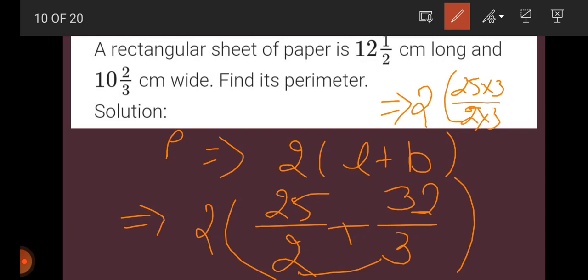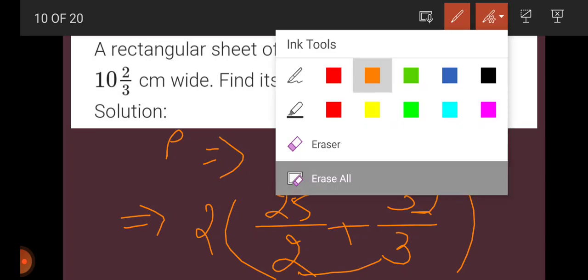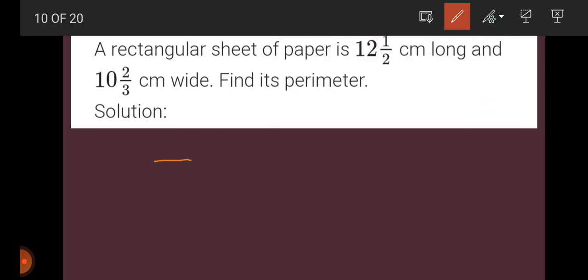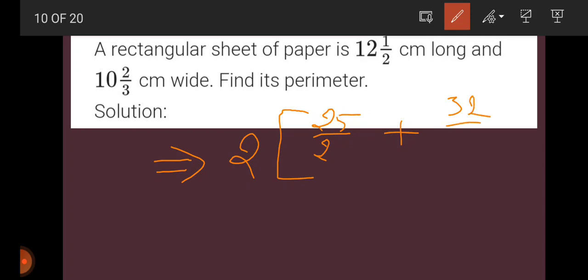Okay, so I write this simply: 2 into our length, 25 by 2, plus 32 by 3.